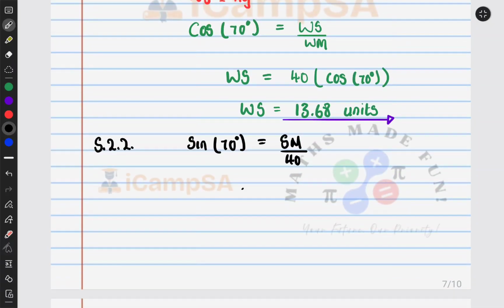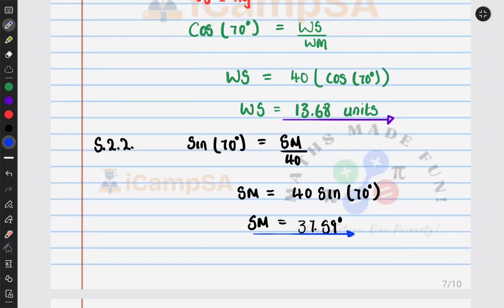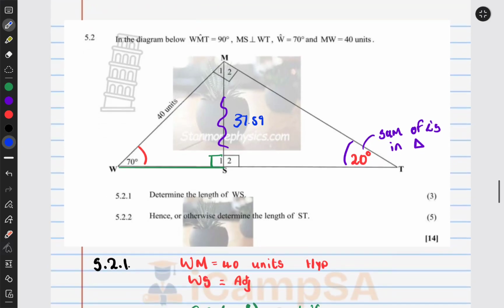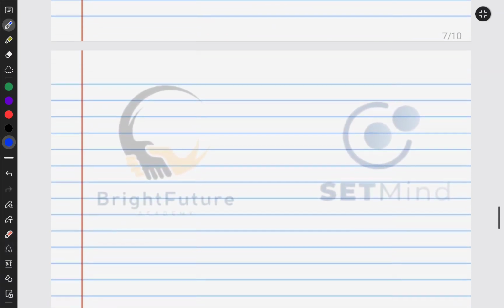Therefore SM is equal to 40 sine 70 degrees, which is 37.59 units. Okay, that is our SM.